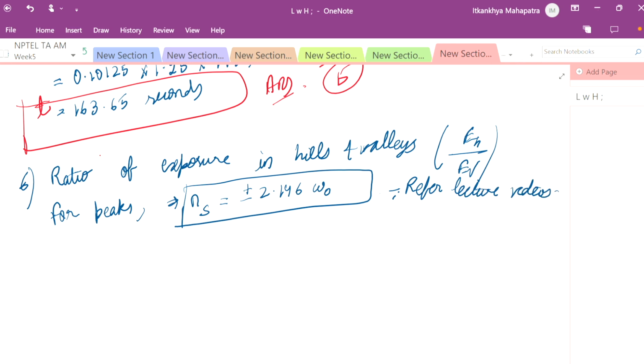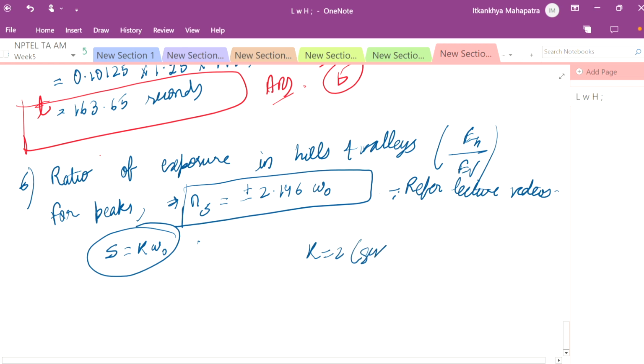Now spacing is equal to k W naught, which we already know. And k is equal to 2, which is already given.